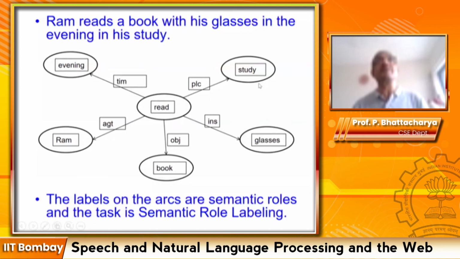Selectional preference. That means the word study gets selectional preference over evening. Okay, study gets selectional preference over evening when it comes to place relationship, because study has the property of satisfying that desire.